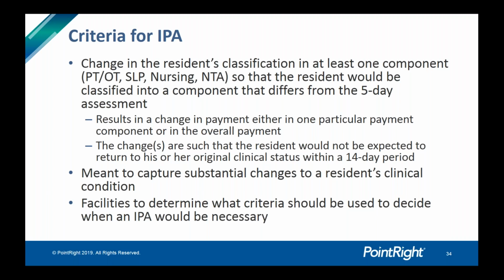It's kind of like if you took the change of therapy assessment and the significant change assessment and scrambled them up together, because it doesn't have anything to do with the change in level of therapy, because the level of therapy doesn't determine the payment in PDPM. But it is a change in the resident's condition that is enough to change at least one of those payment components so that it would be different from what was already established. So this would result in a smaller or larger change.